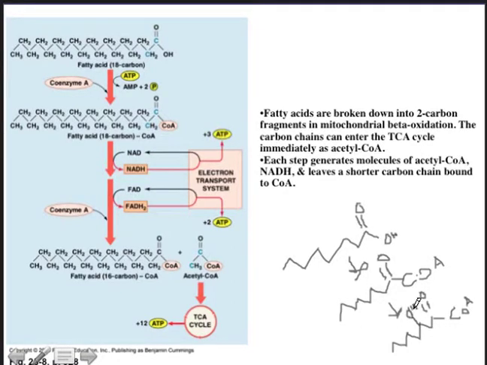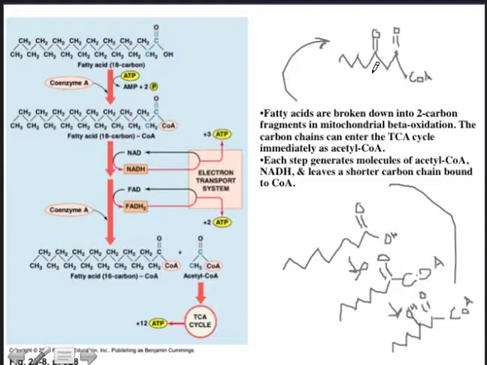That's an oxidation reaction. Okay. Then that becomes a keto group. Let's walk it up here. In another oxidation. Okay.